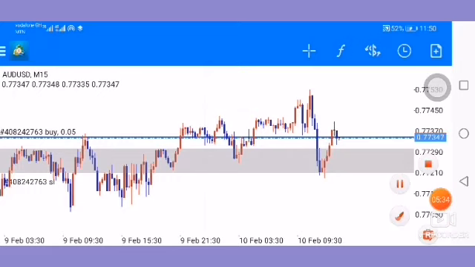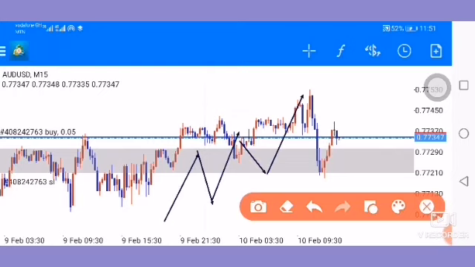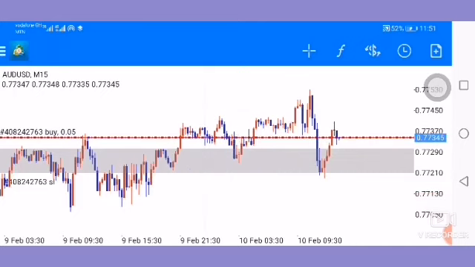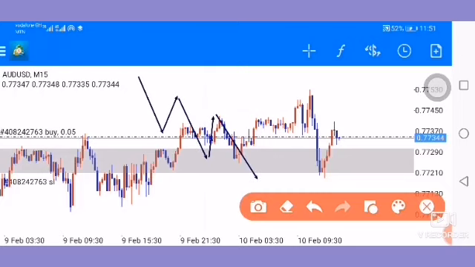For me, I'm always looking at a pair that is following my strategy, where I see higher highs and higher lows for the uptrend, and for the downtrend, lower lows and lower highs, before I get involved.